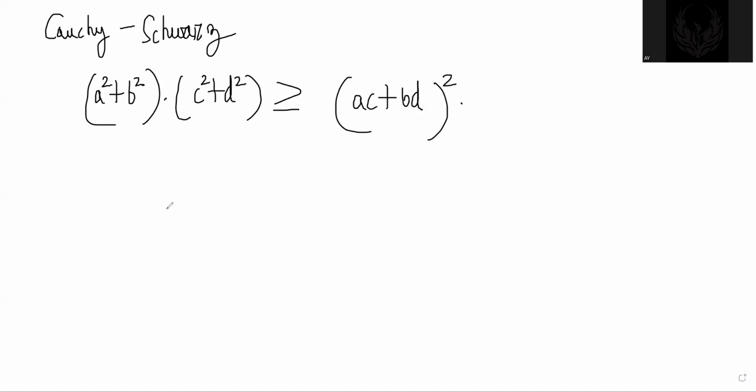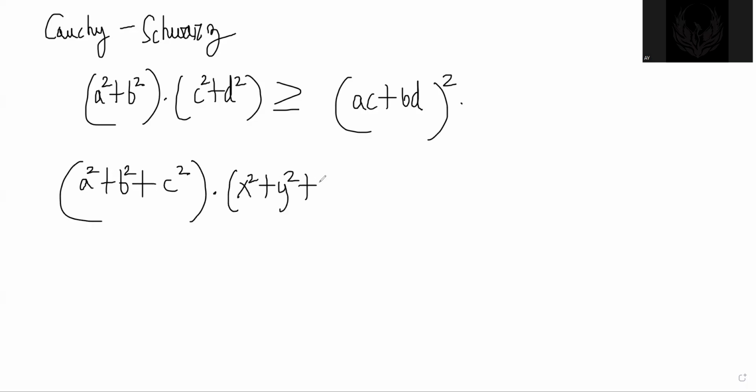On three terms, you can do it like this: a square plus b square plus c square times x square plus y square plus z square is greater than or equal to ax plus by plus cz whole square. And it can be generalized to n terms also if needed, right?